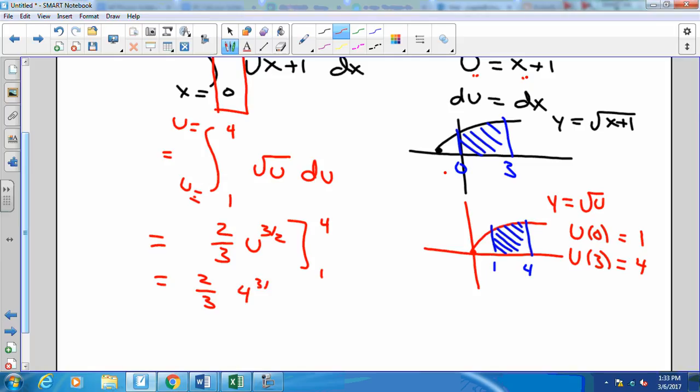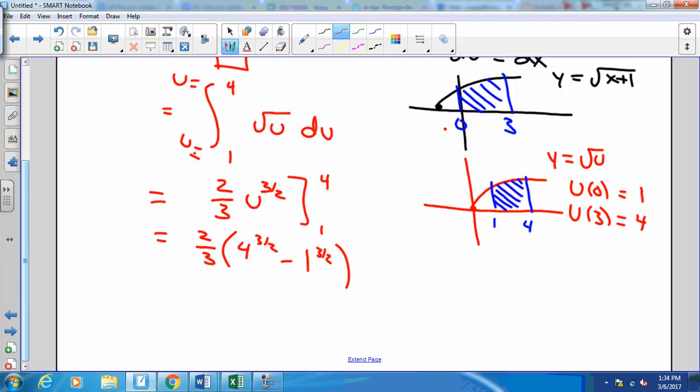And so that gives us 4 to the 3 halves minus 1 to the 3 halves. What is 4 to the 3 halves power? 8. That's right. The square root of 4 is 2, raised to the 3rd power is 8. Minus, of course, 1. And that gives me 14 over 3 as my area.